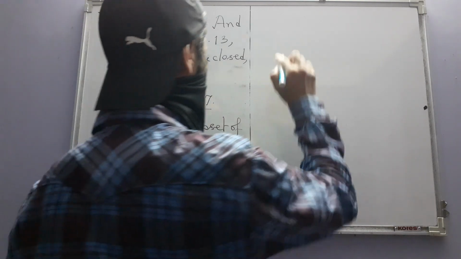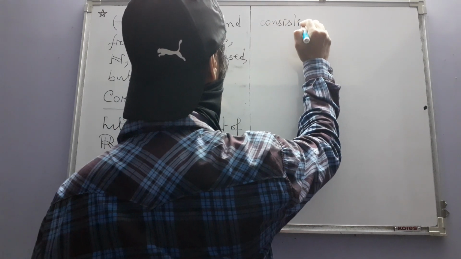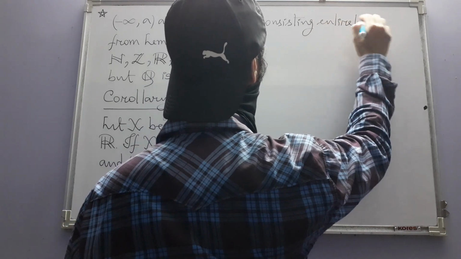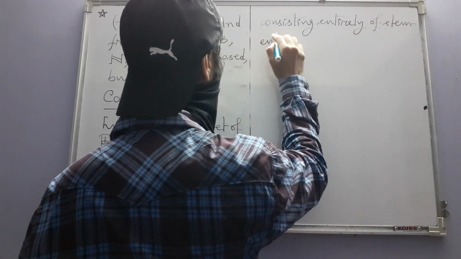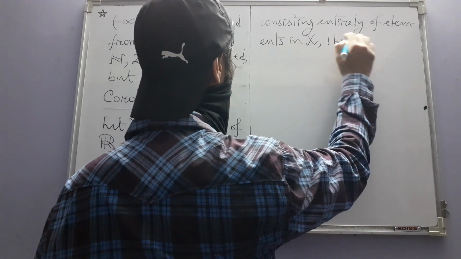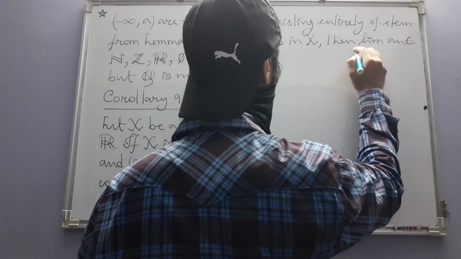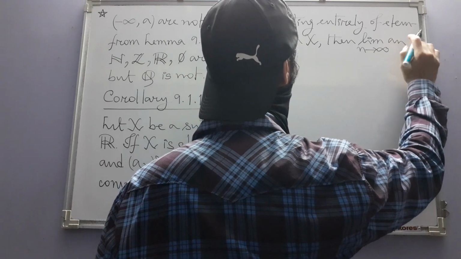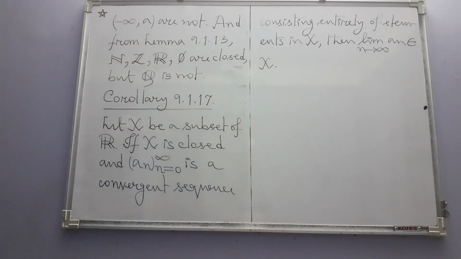If a_n is a convergent sequence consisting entirely of elements in X, then the limit of a_n must belong to X.